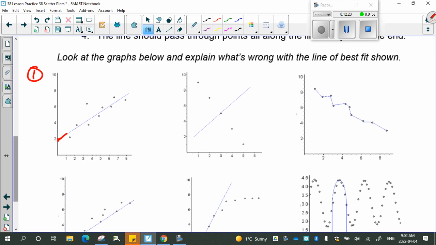Anyone else think they see something that they would draw a bit differently? It was kind of the big one that I didn't say, but you want to minimize the distance between the points. So would you say that this line's skewed to the lower points a bit more and not taking into account the points that are a bit higher?